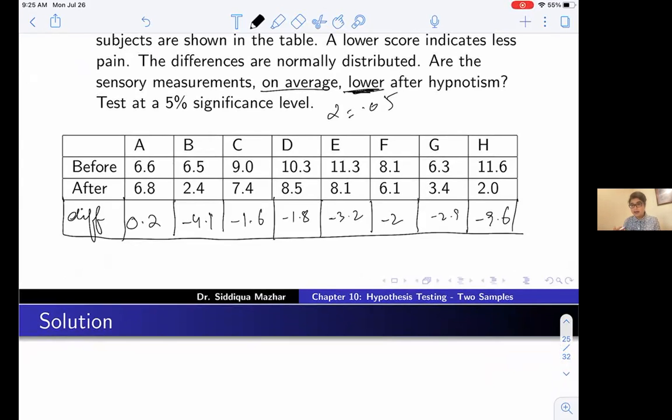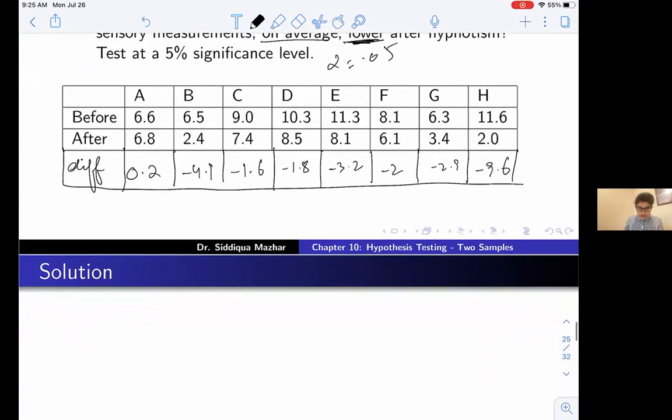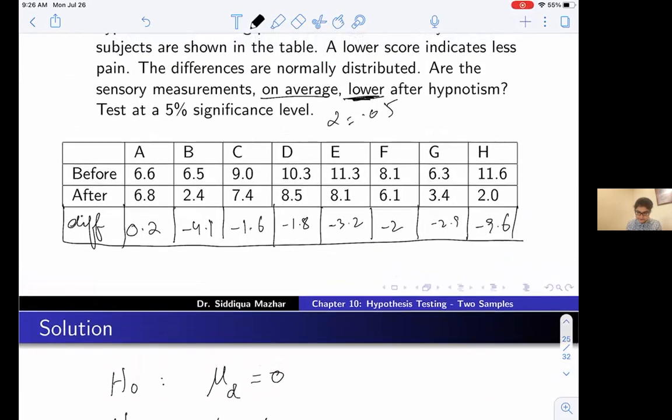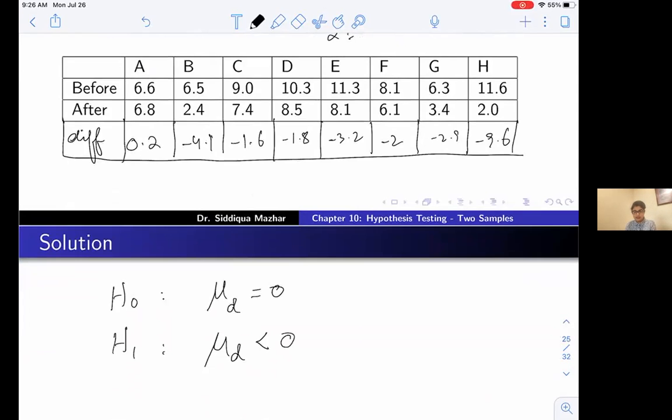but we have to check it by using hypothesis testing. So what is my null hypothesis? That the average difference for the pain decrease, there is no difference for the average pain, because the null hypothesis is associated with equality. The alternating hypothesis is that on average, the pain rate is going to reduce, so it means less than 0.